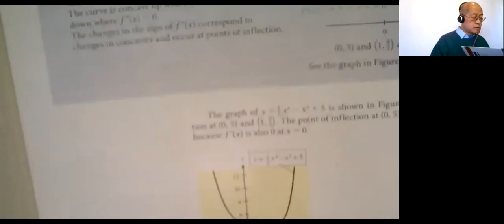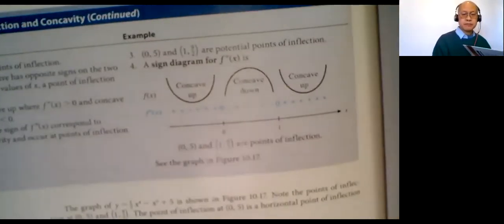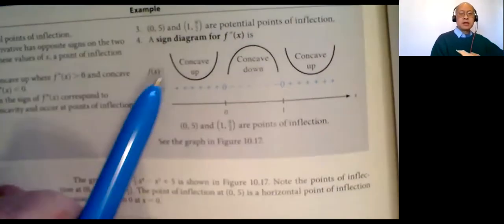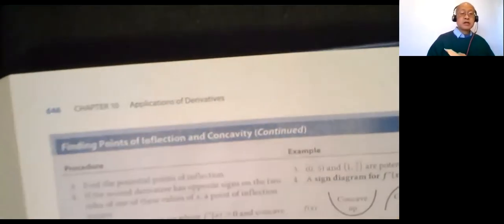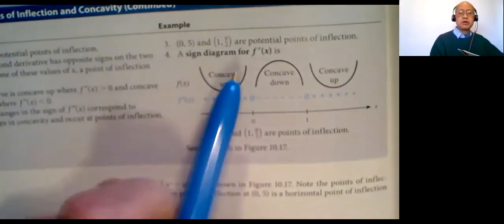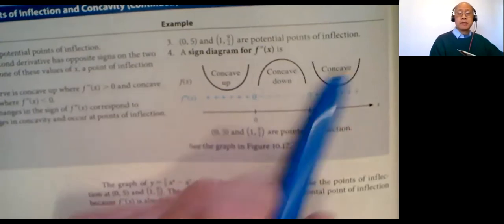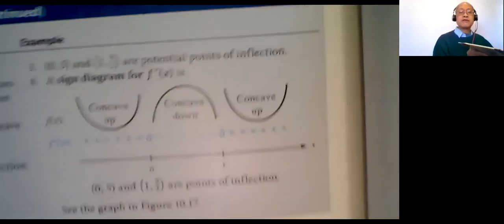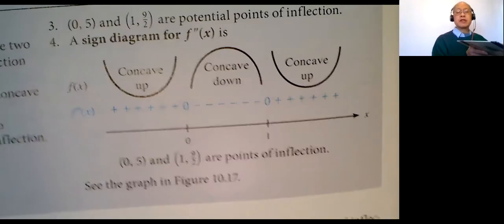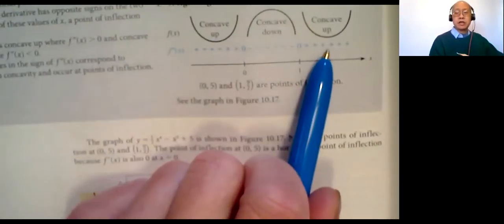So we're going to analyze graphs like that. Let me show you some other graphs. On page 646, again, concave up, U shape, concave down, upside down U shape, concave up, U shape. That means the second derivative is positive, negative, positive.